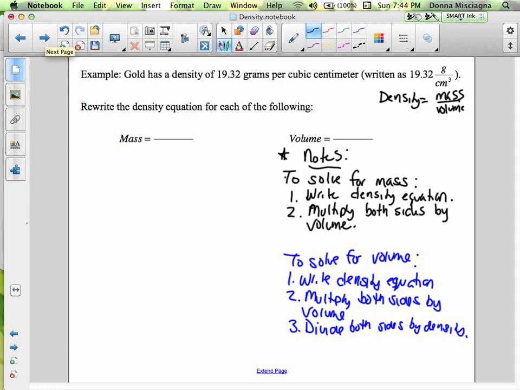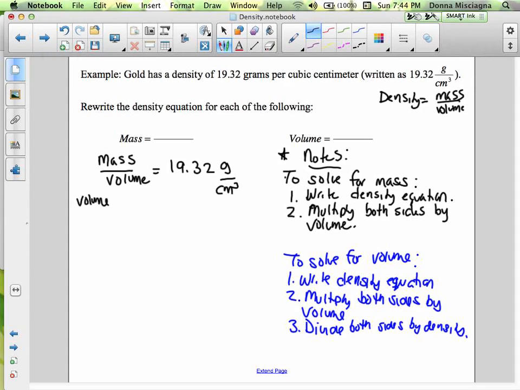Remember that density is mass over volume. So mass over volume, and we're given the density here. It's 19.32 grams per centimeter cubed. Now if we wanted to find the mass, we would multiply both sides by the volume.